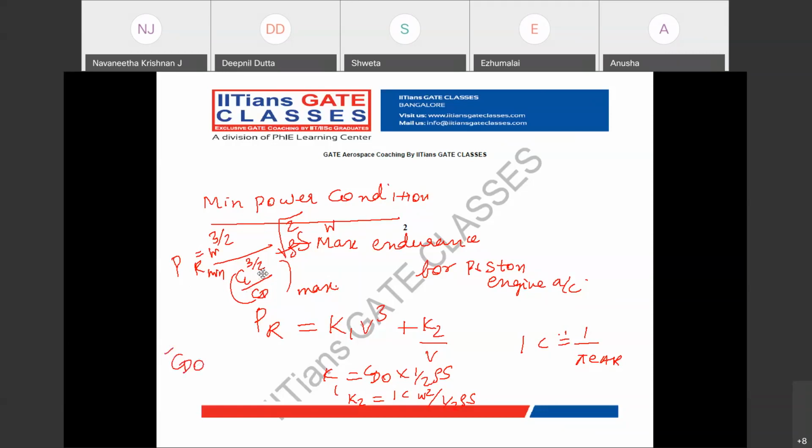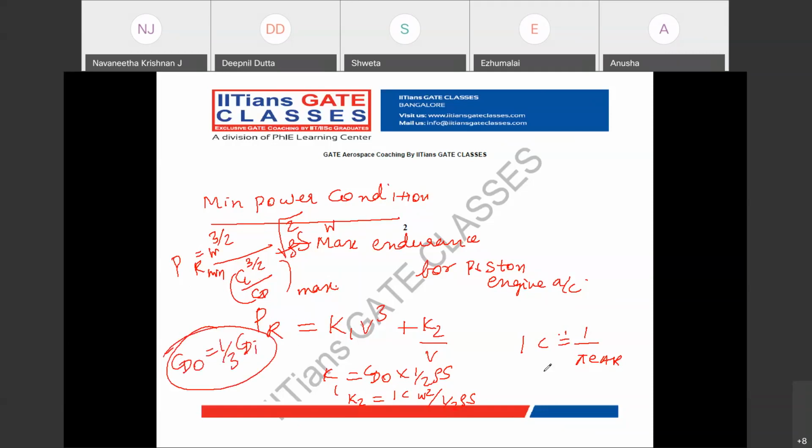The CL power 3 by 2 by CD maximum condition is CD naught equal to 1 by 3 CDi. This is the power required minimum condition.